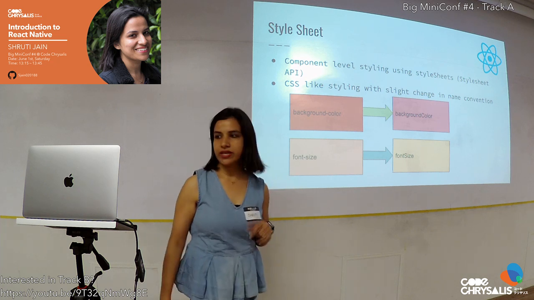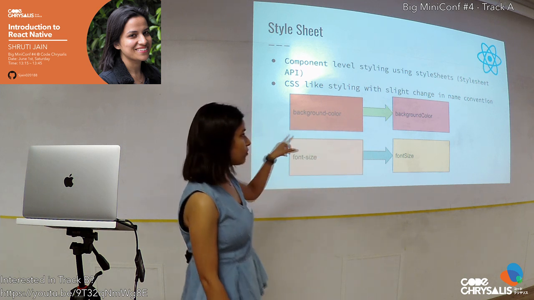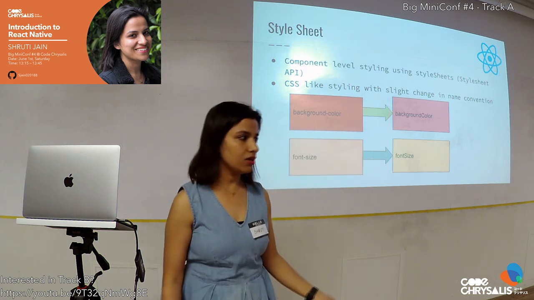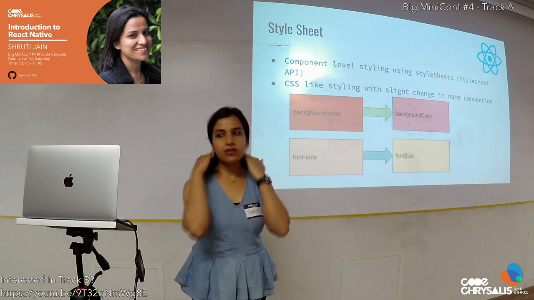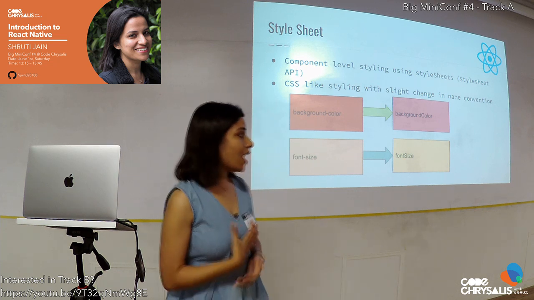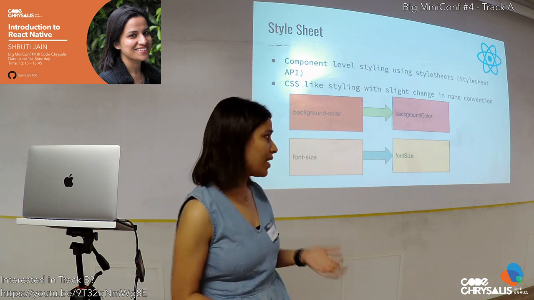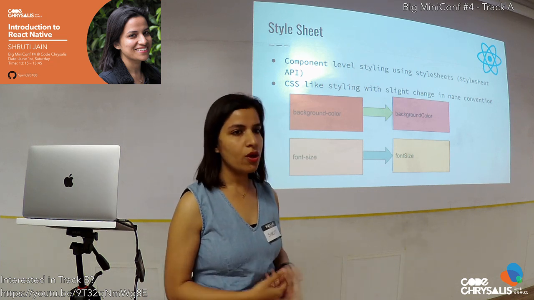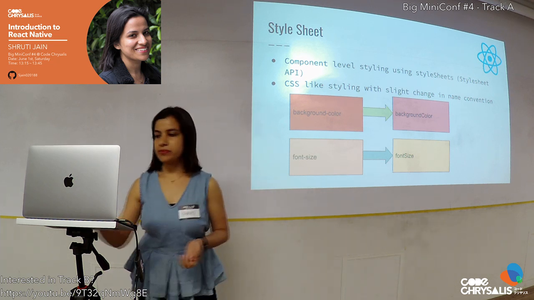The only difference is it changes from kebab case to camel case. So background-color changes to backgroundColor, with a capital C, as you can see here. This is the basic difference in how you specify the CSS properties and how you want the component to look. You can use background color, font size, font weight, or whatever you want. So it's similar to CSS.